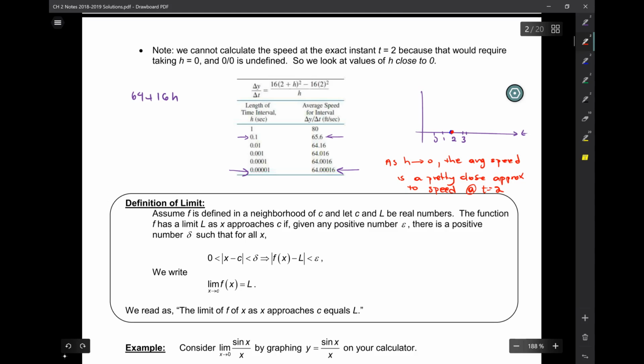All right? So we talked about two different things here. One, we talked about average speed, total distance over total time. And then we talked about the speed at one specific point. And the way in which we went from that average to one specific point is, what did we do to h? We made it extra small.